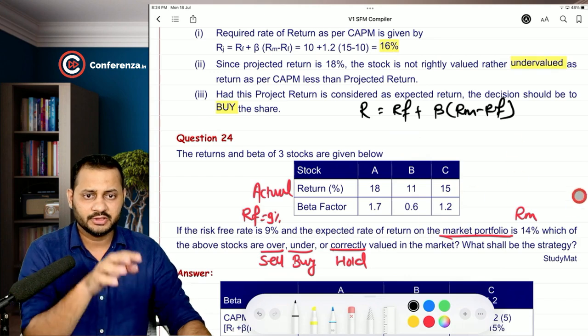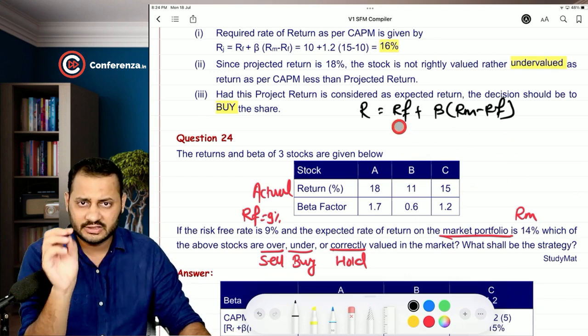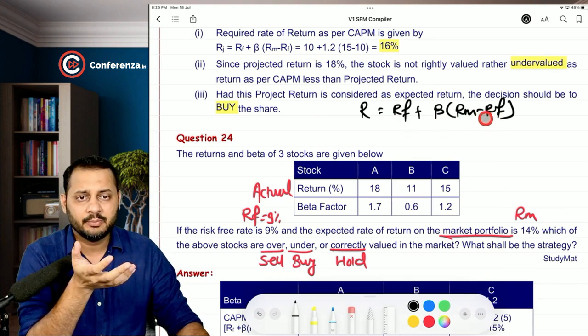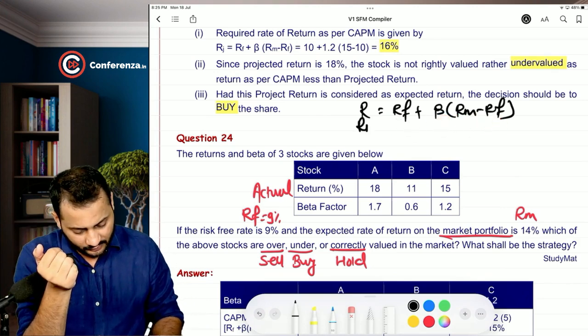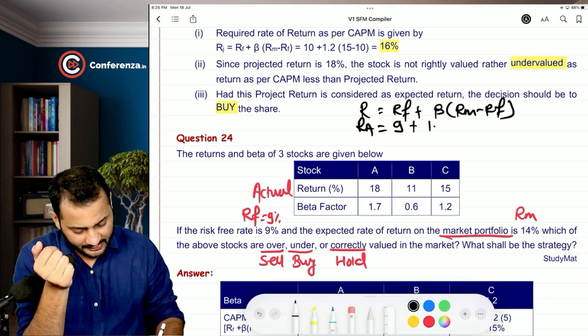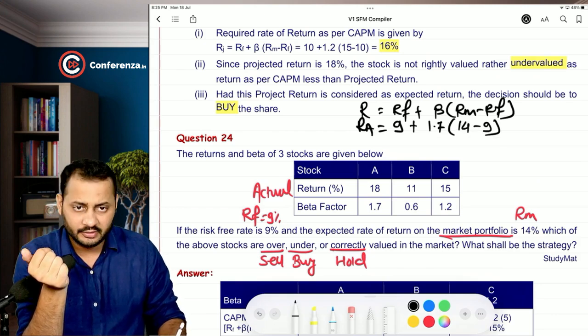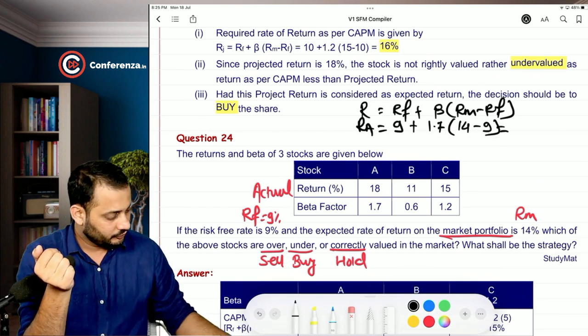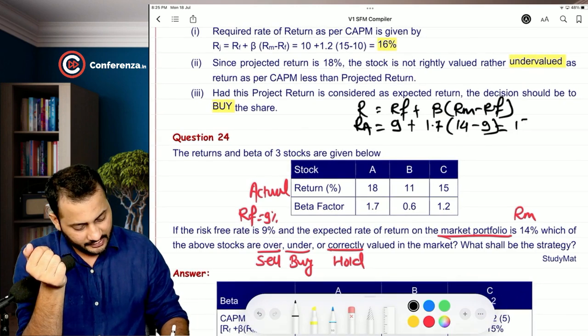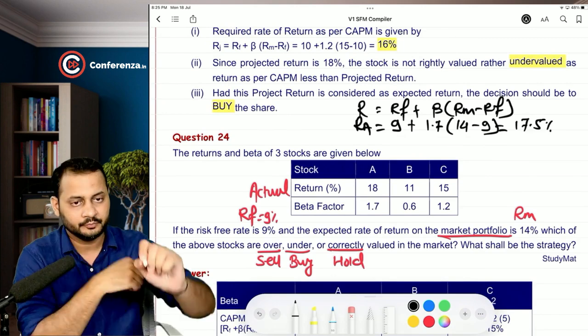This is the first portion, the return for the risk free, without the risk, and this is the premium for taking the risk. Let's calculate for RA. The risk-free rate of return is 9, beta is 1.7, market rate of return is 14. Am I right? So 14 minus 9 into 1.7 plus 9, that's 17.5%.